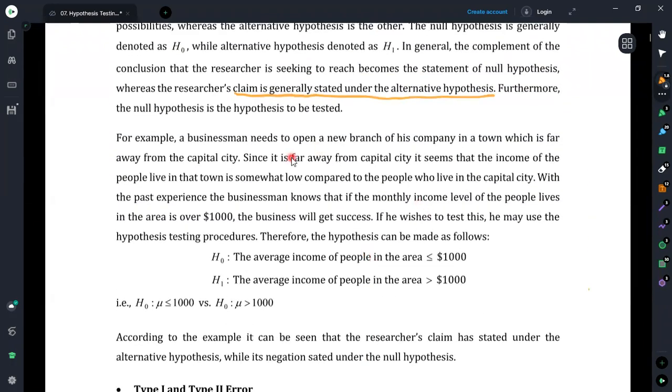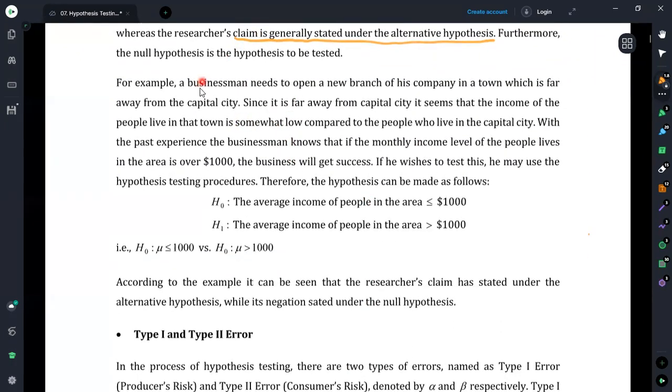Okay, as an example, suppose that a businessman needs to open a new branch of his company in a town which is far away from the capital of the country.